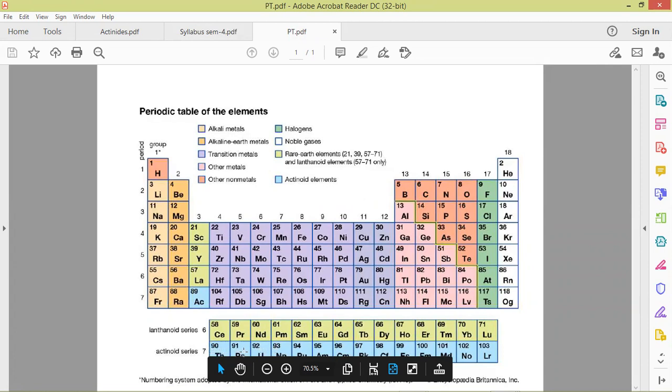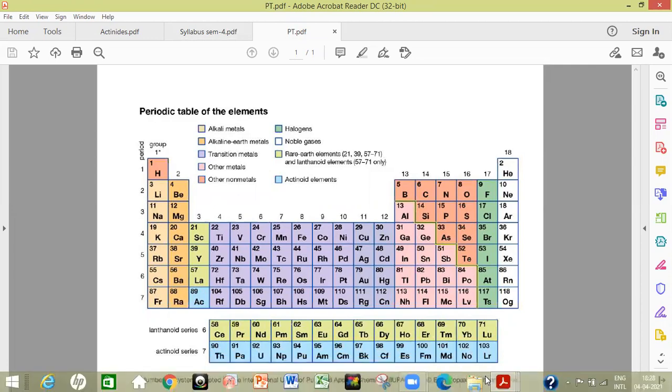In each successive member, there is addition of 1 electron. So these are the 14 elements coming after actinium, that is with atomic number 89, and the series is from atomic number 90 to 103. We'll be discussing these 14 elements, and most of them are radioactive and synthetic in nature.